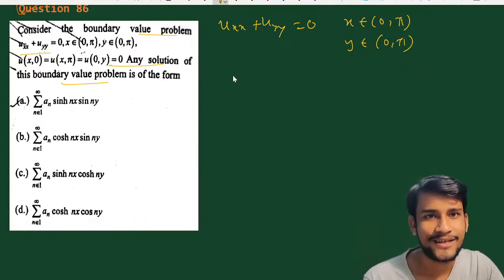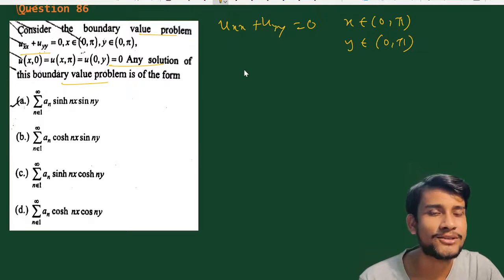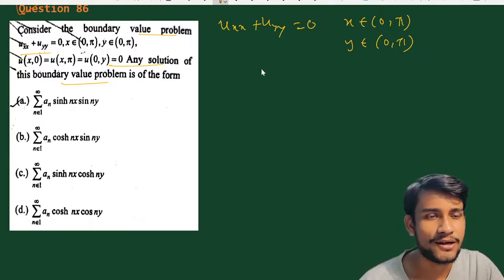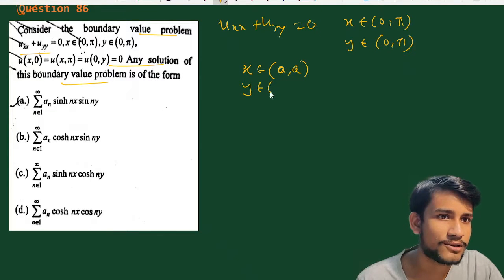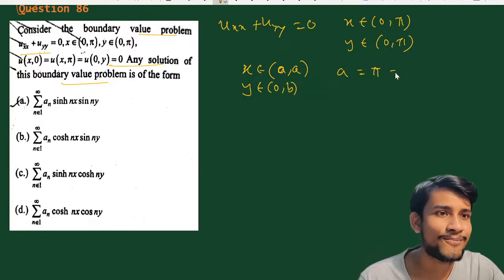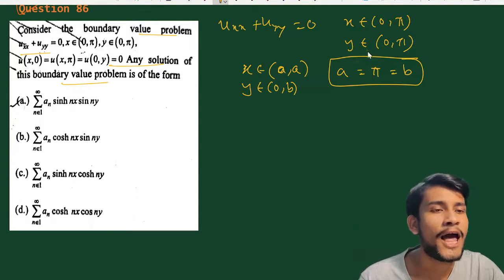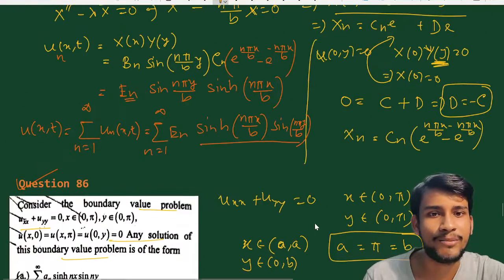What is the solution? The general solution, जो the last problem we just solved, the conditions were x belongs to 0 a and y belongs to 0 b. That means just take a equal to pi and b equal to pi. In the above solution we put the value of a equal to pi and b equal to pi.